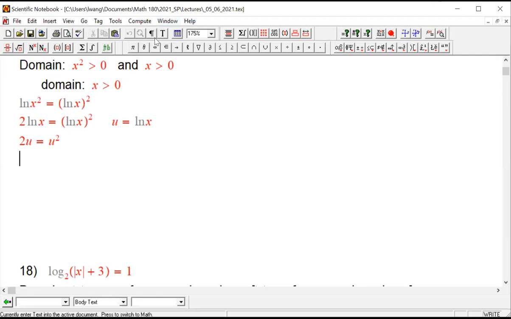So what do we do to solve this equation? Could I cancel one of the u from both sides? Is that a very basic question? It is a very basic question. Could I cancel the u on both sides?